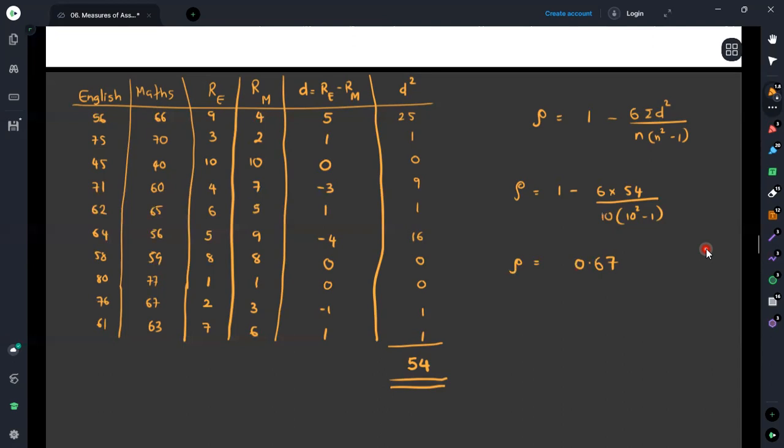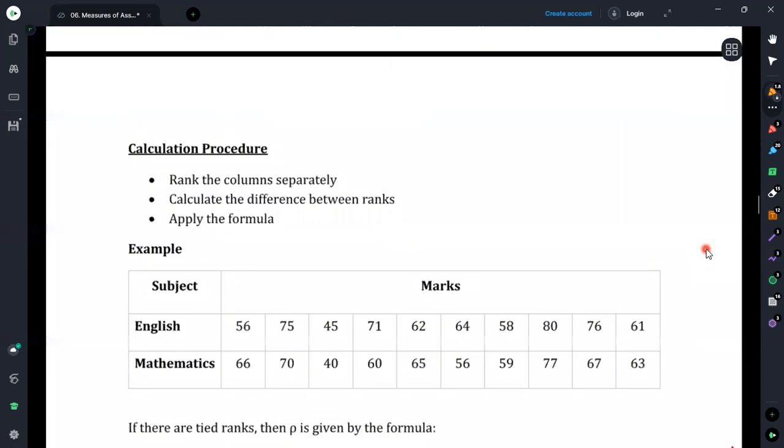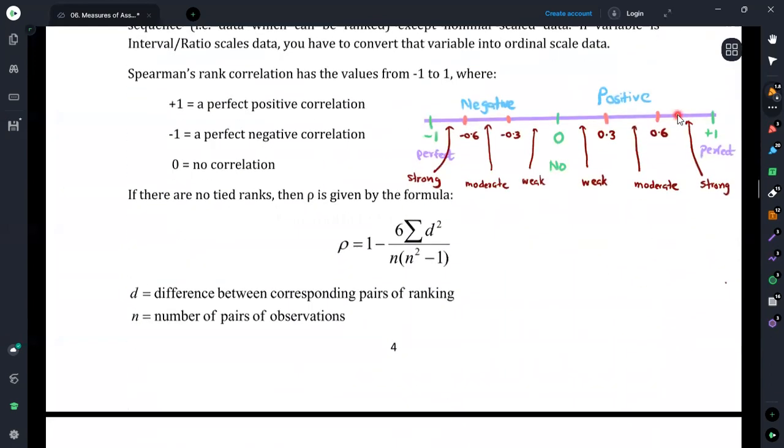Therefore, we can comment on this using the scale that we have defined. Here we can see that our calculated value falls into this region.